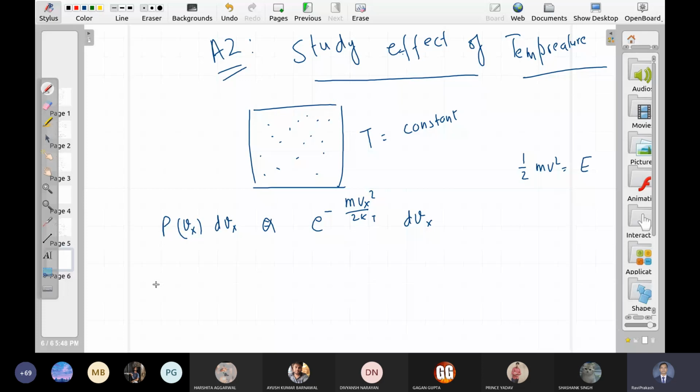The number of particles in a dE range around E is proportional to e to the minus E upon kT, times dE. This is the Maxwell-Boltzmann distribution law.